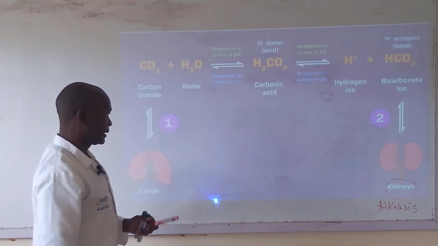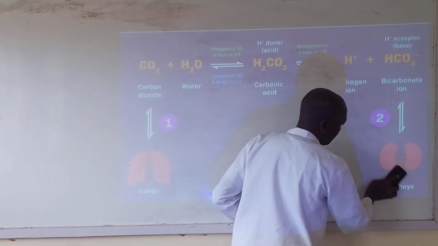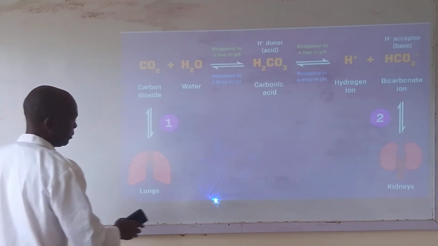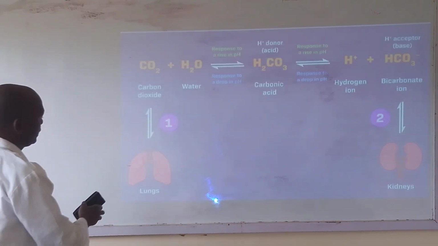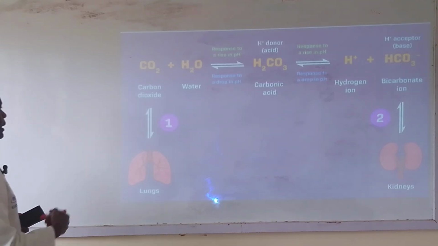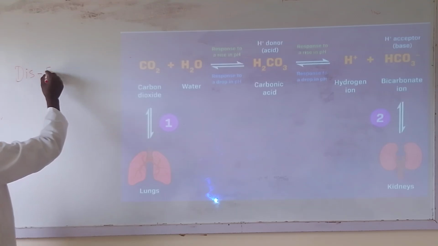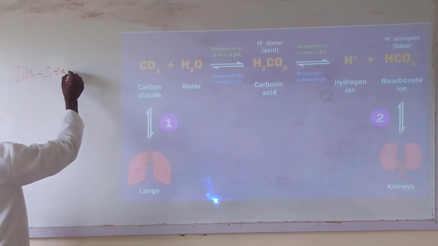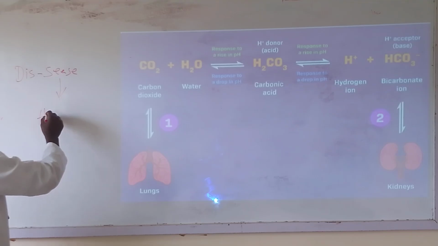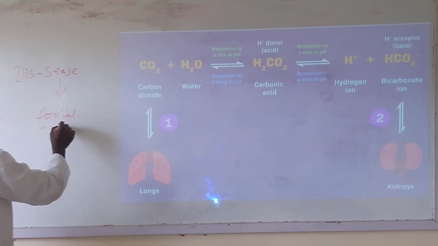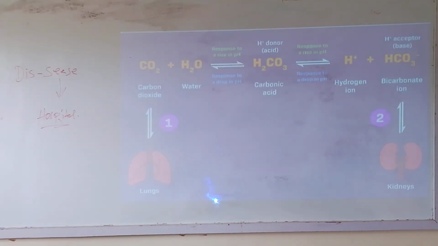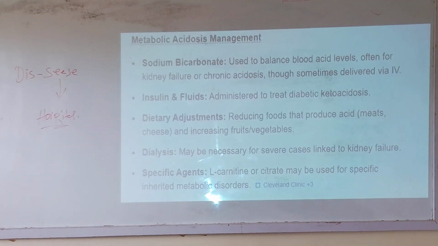So these organs, the kidneys and the lungs, try as much as possible to balance the body pH, and if there is excess such that they cannot balance, then the patient becomes deceased. And that is when the patient comes to hospital. So that is just some basics on how the body tries to balance the pH to get it into normal ranges.